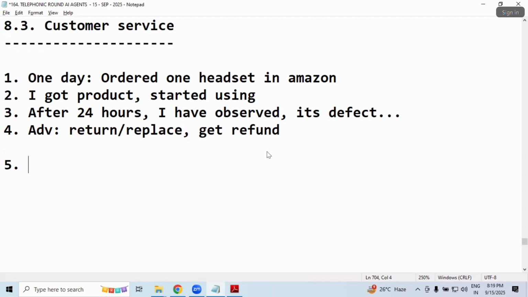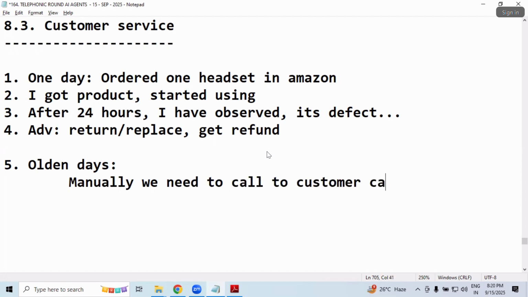Now here is a story. Sir, in olden days, what was the pattern? You can't believe it, we needed to manually call the customer care, and they would ask us some steps actually. Upload images, they will ask. Then they will validate. Listen carefully.